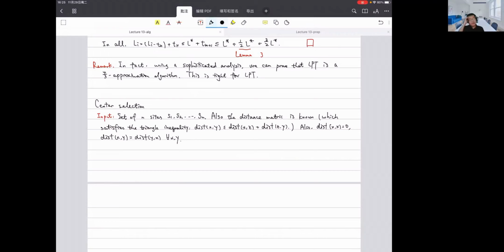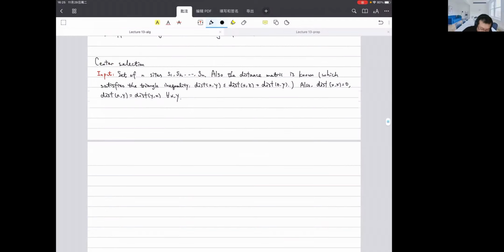So we are talking about some n sites here, and we know the distance measure. Furthermore, for any set C, we define the distance from S_i to C to be the minimum, over all the small c in the set C, of the distance between S_i and c.